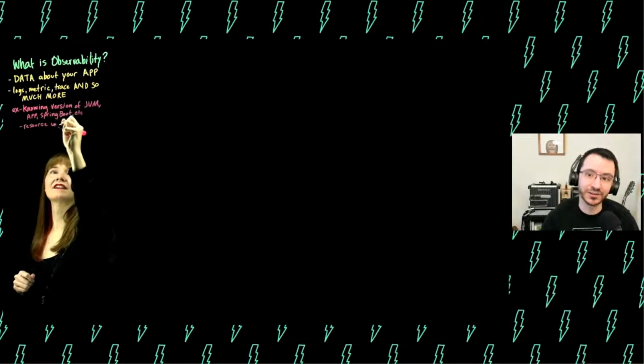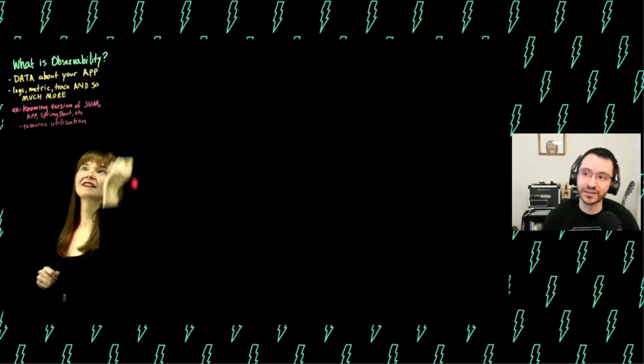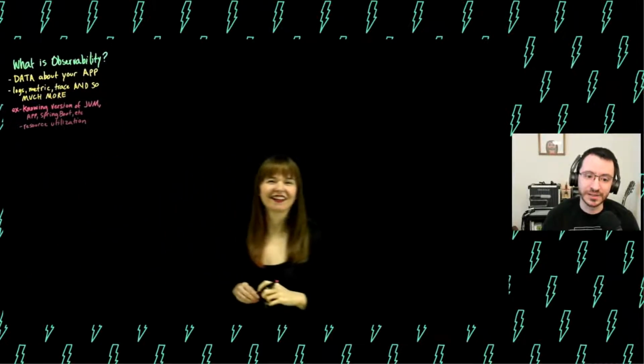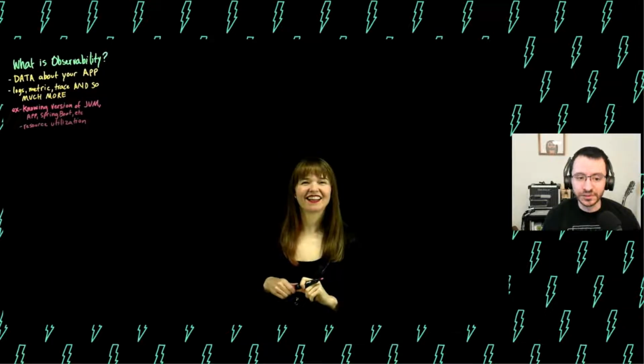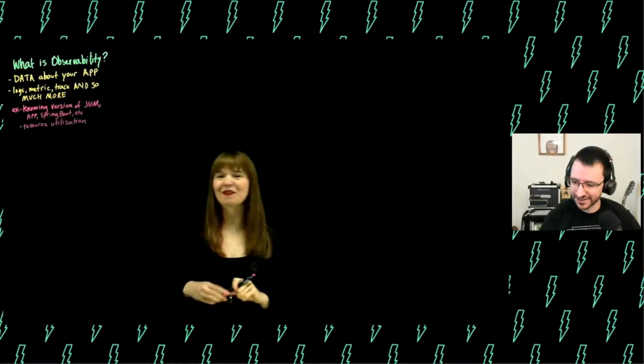So there are a lot of other details that you can provide. The observability space doesn't stop there, but these are the three main signals, and we can talk about those as well a little bit.